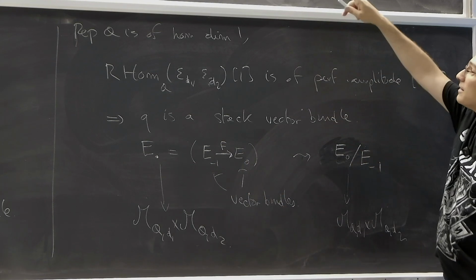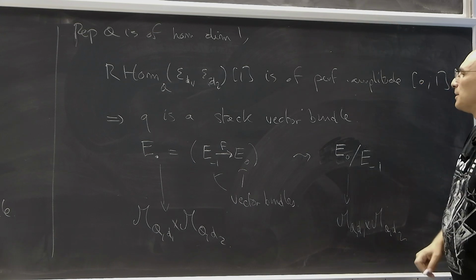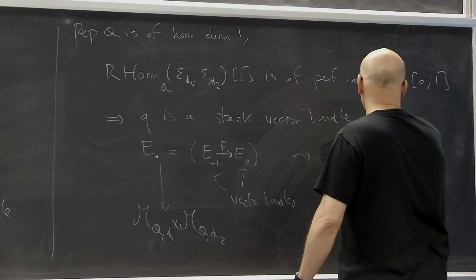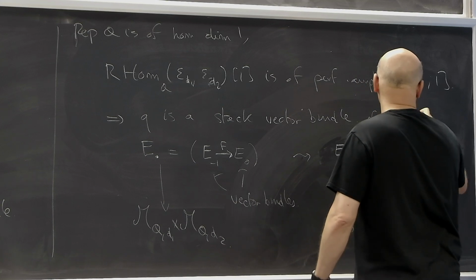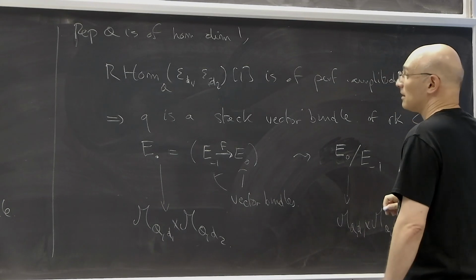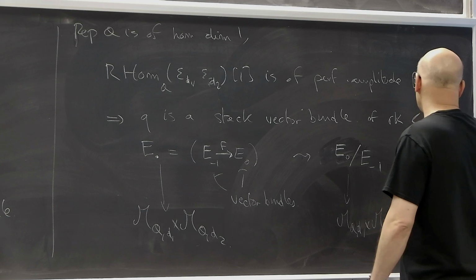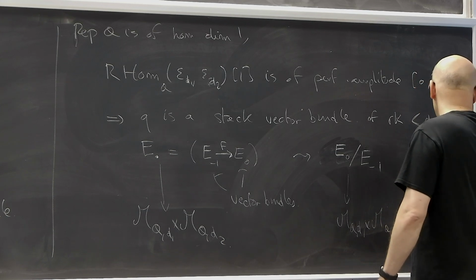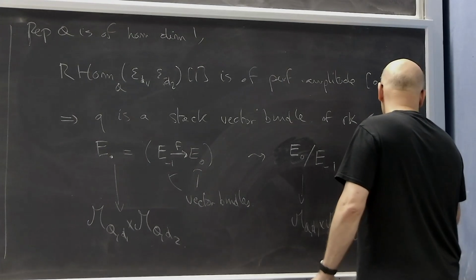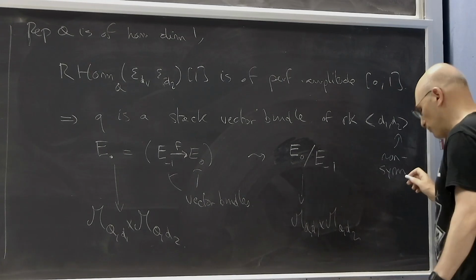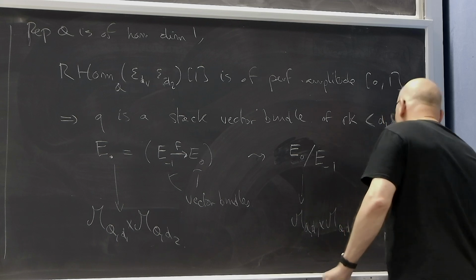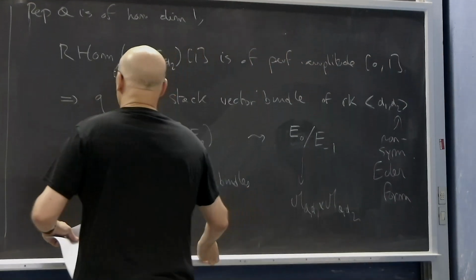Okay, and this is what this M is. So this is a stack vector bundle of rank the Euler form, the non-symmetrized Euler form, D1, D2. Okay, so this is the map Q.